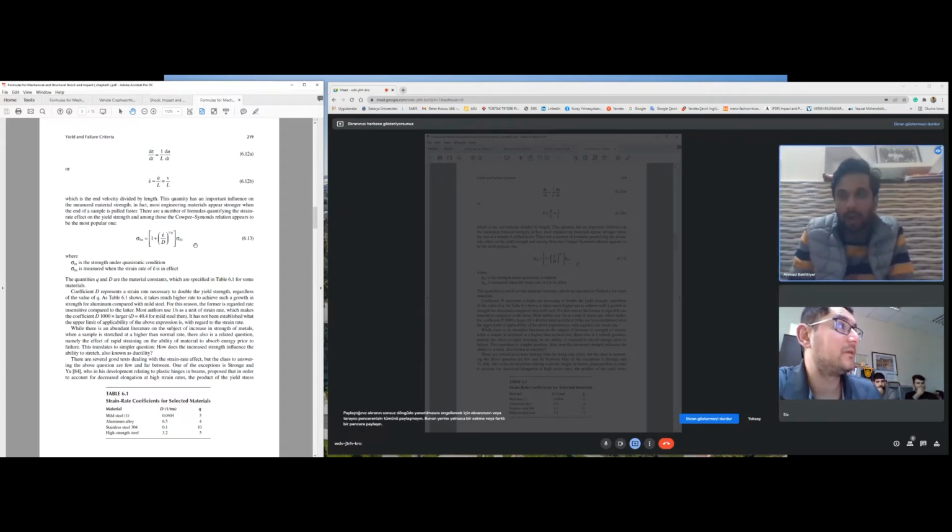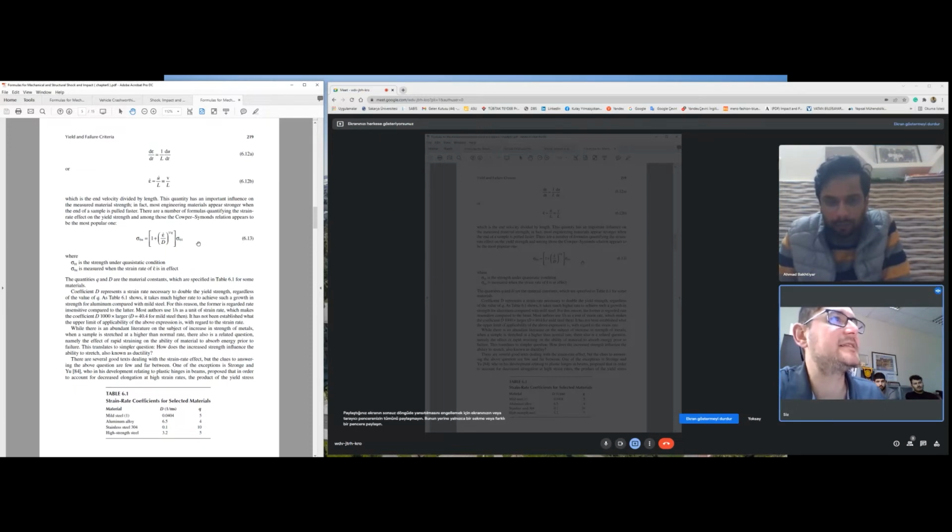Johnson-Cook is very near to it. So you need to talk about these formulas, these detailed parts. For example, look here. Most authors use 1 over s as a unit of strain rate, which makes the coefficient D 1,000 times larger.